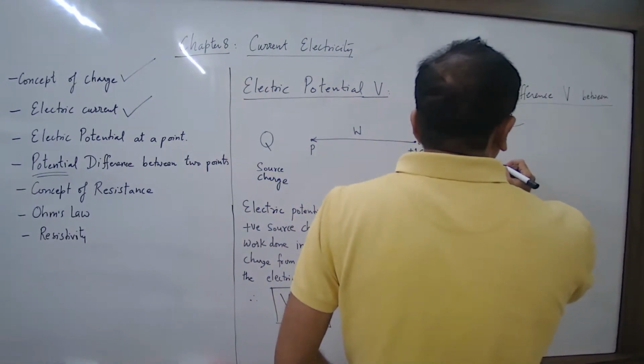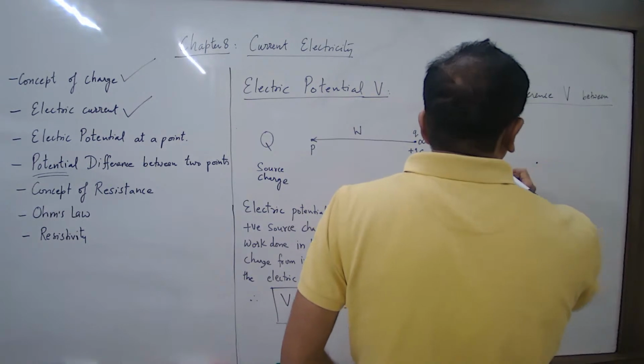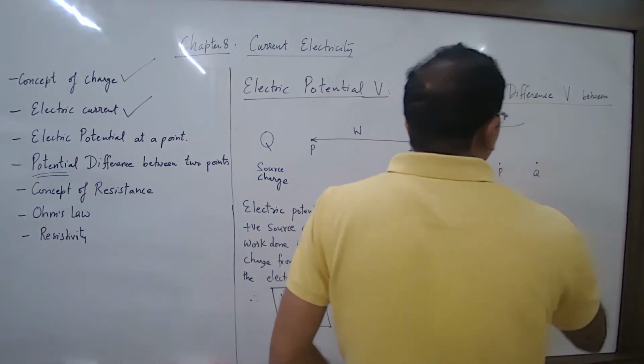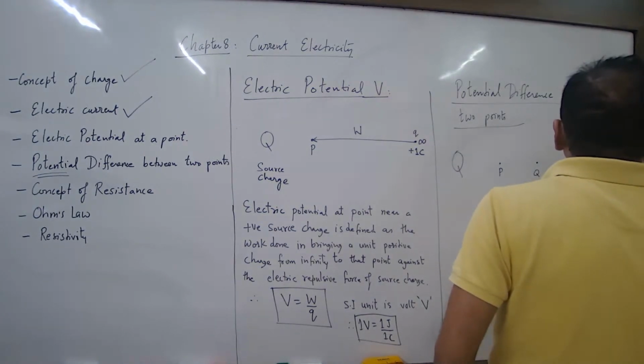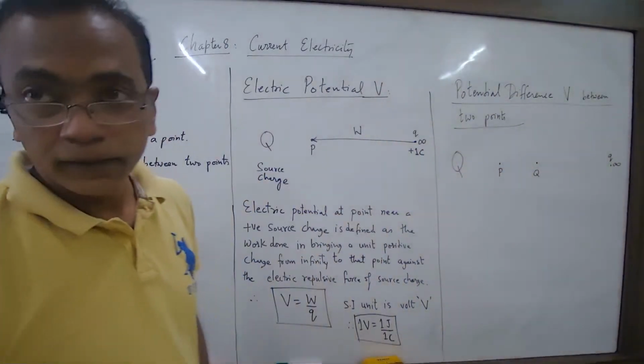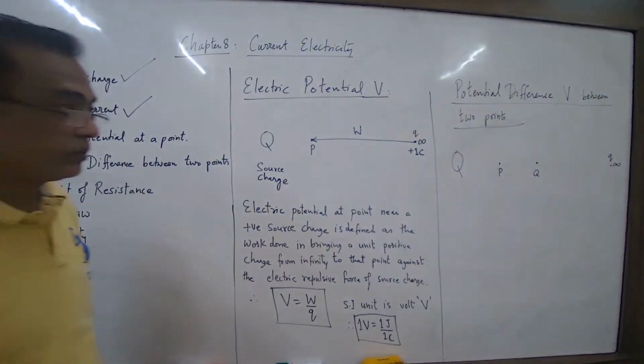Now let us say the 2 points are P and Q. This is our infinity. Are you done writing? Then look.